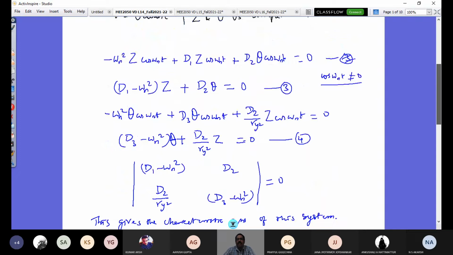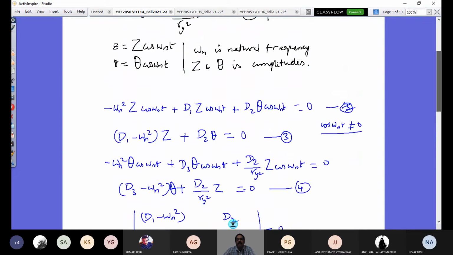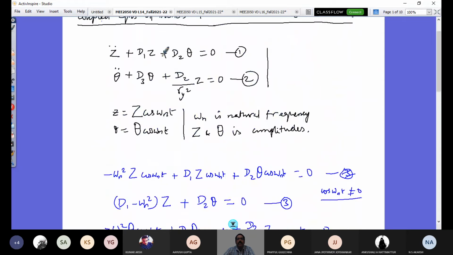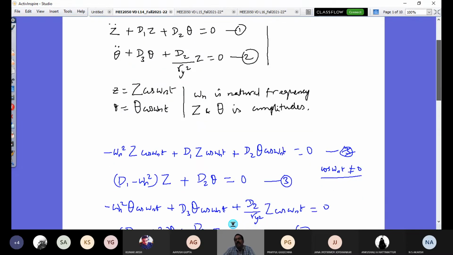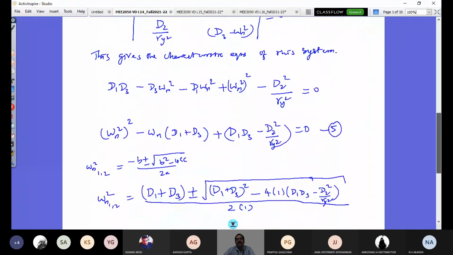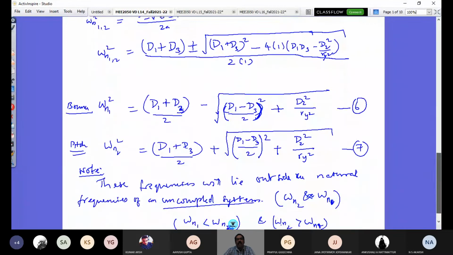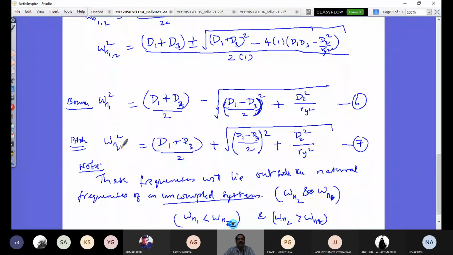So this is the study of what is called free vibrational study, but of a coupled system. So you have both the motions, bounce by Z and pitch by theta, coupled. If that is so, how do you find the natural frequency of the system? It is given by finding the roots of this characteristic equation of the system. And we had these two roots given by omega n1 and omega n2 for bounce and pitch respectively.